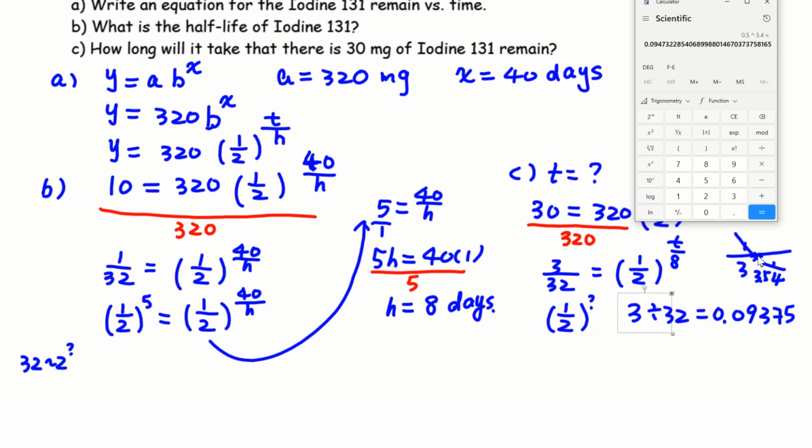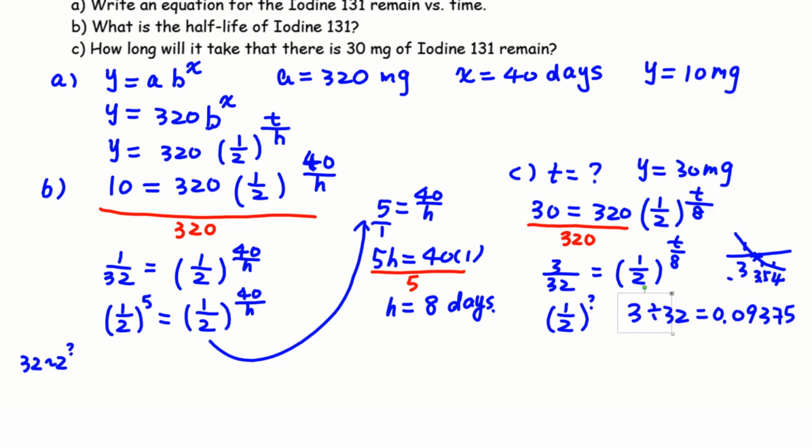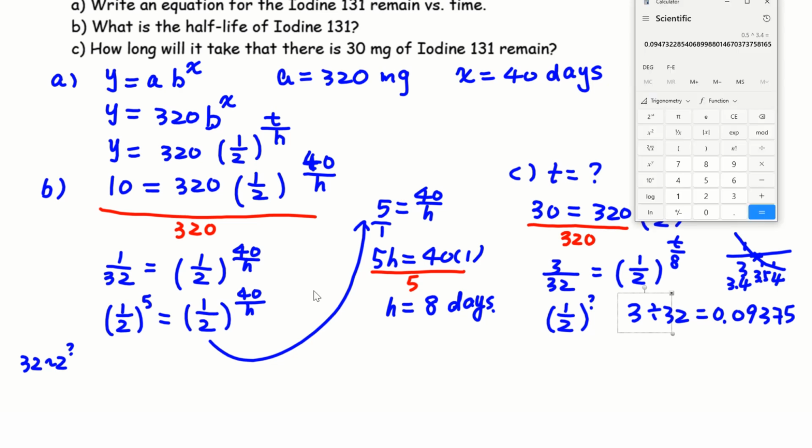So it's bigger. So it should be between 3.5 and 3.4. So we try another number, 3.45. 0.5 to the exponent 3.45. Between the two numbers, it's bigger. We need to make it smaller.